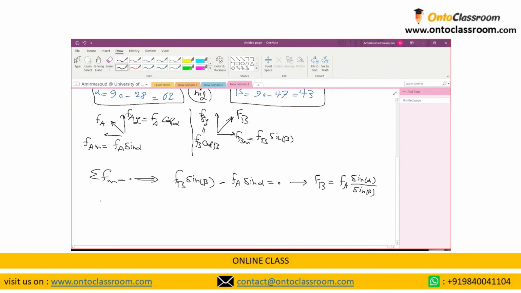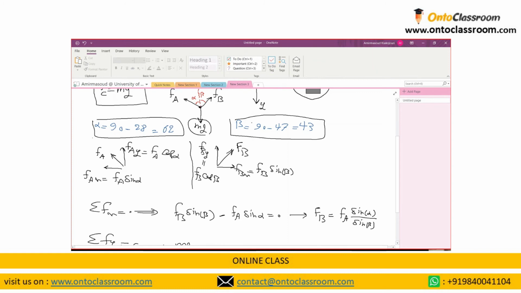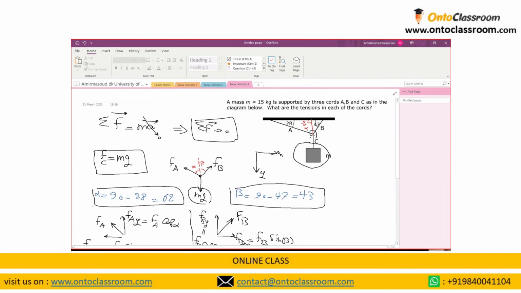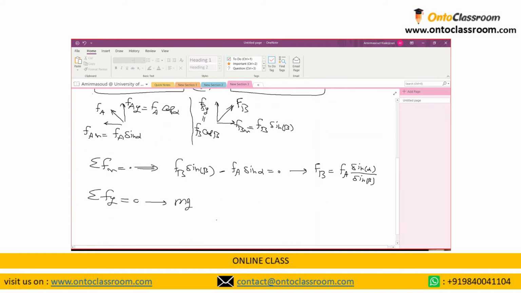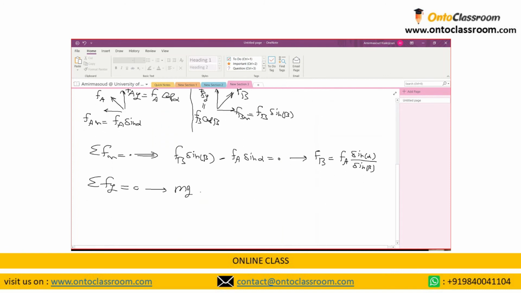Now if I write the equation in direction of y, mg is positive because of this direction, and the two of them, FAy and FBy, are opposite to y, so they are negative.